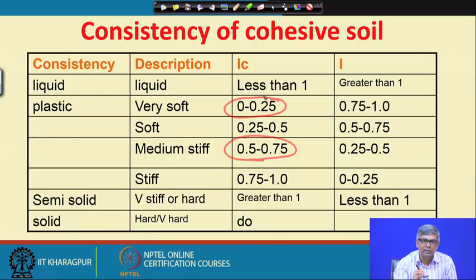If the value is above that line, it is clay; below the line, it is silt. And again, for the range of liquid limit I can decide whether it is intermediate, high, medium or low plastic. So these are the things we can do.